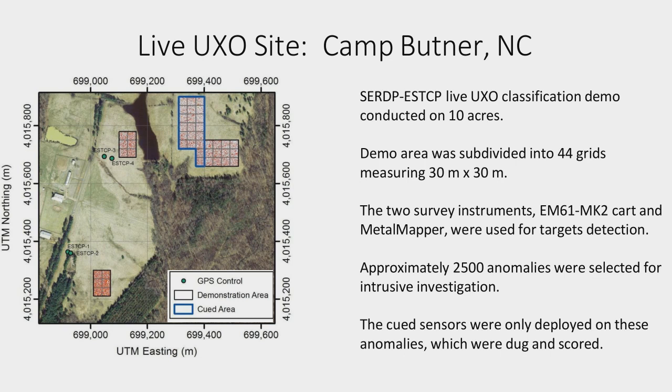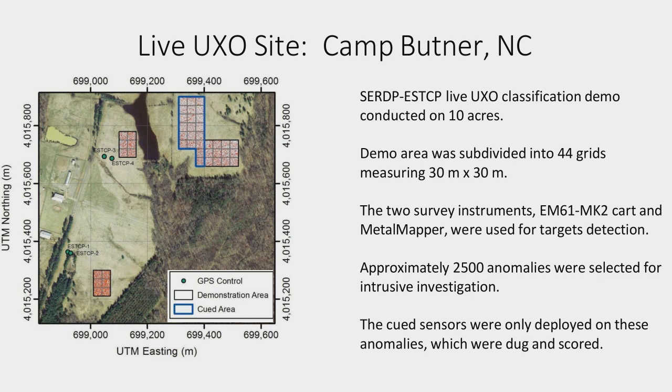And then they also inserted or buried some test targets in order to get statistics of potential UXOs. Approximately 2,500 anomalies were chosen for intrusive investigation, meaning that once targets were detected, without processing this data, they dug these targets and documented which were UXOs, or unexploded ordnance, and which were clutter.